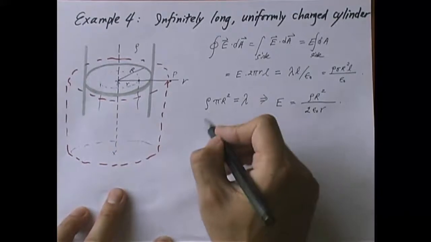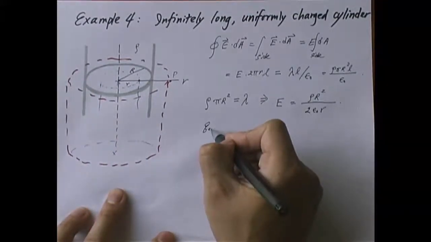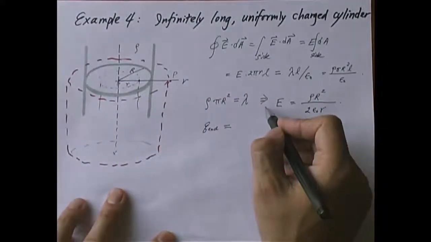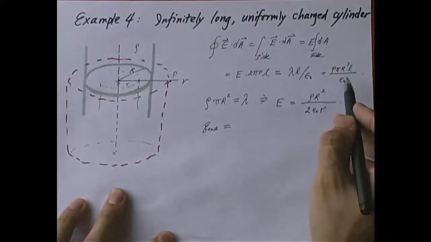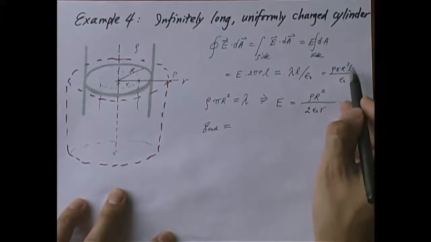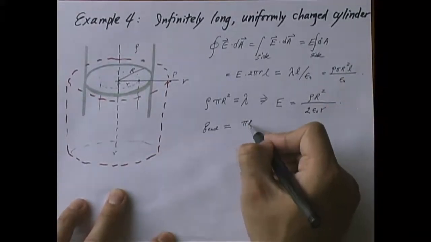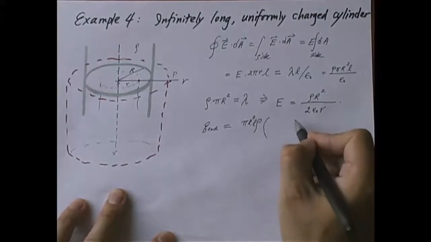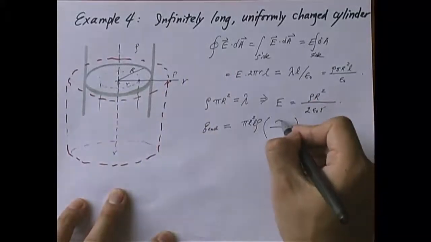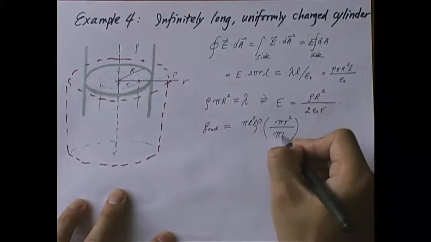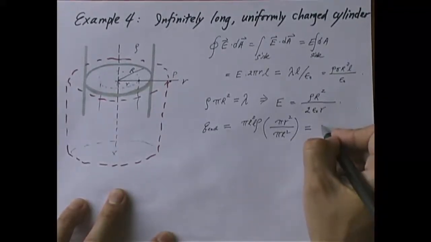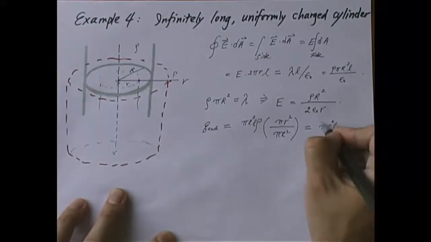So the charge enclosed, Q enclosed, for this region would be the total charge enclosed, which is lambda L, or pi R squared L times rho, multiplied by a factor. What factor? This area over that area. Okay, so it's pi small r squared over pi big R squared. And you cancel pi big R squared, you get pi small r squared L times rho.